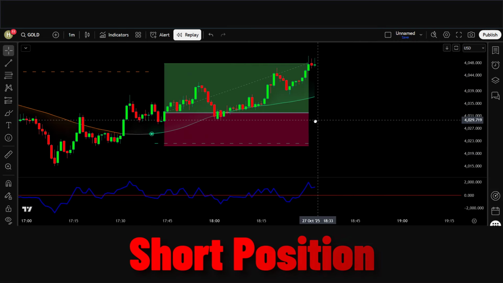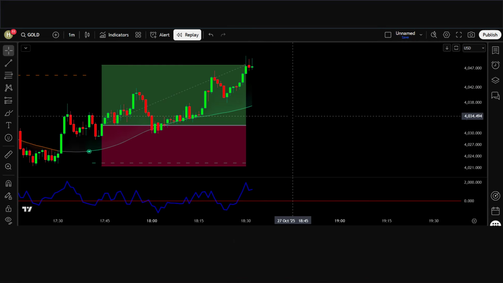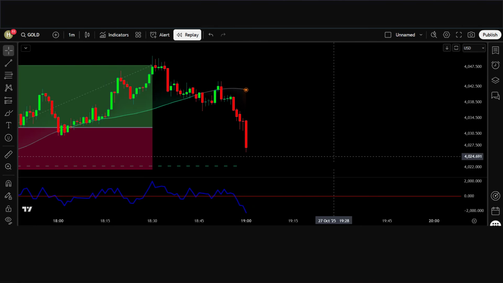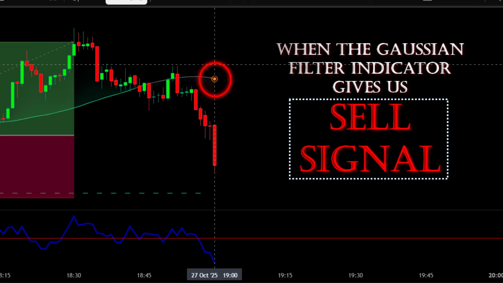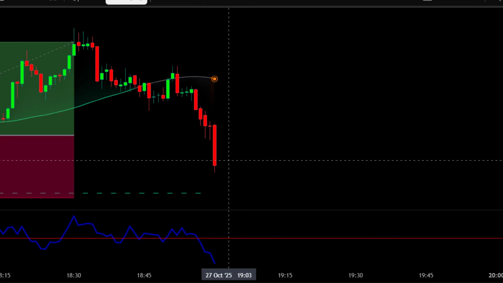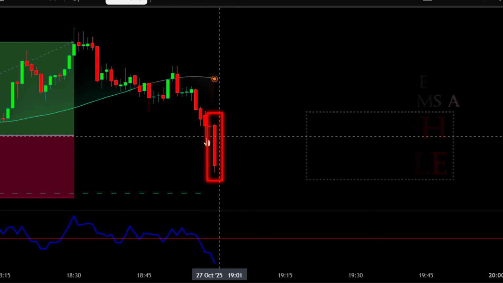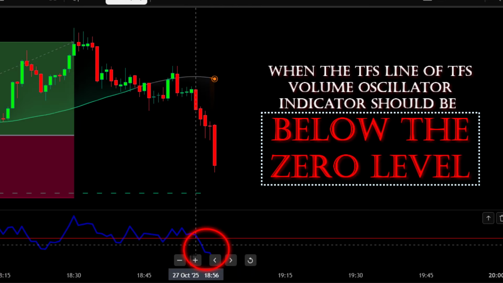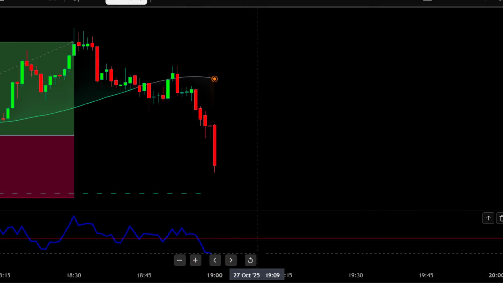Now let us understand short position. When the Gaussian filter indicator gives us sell signal. When the market has created a bearish candle. When the TFS line of TFS volume oscillator indicator should be below the zero level.